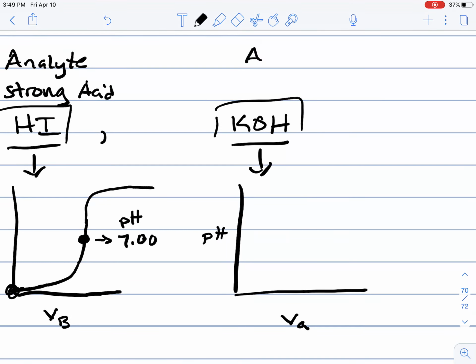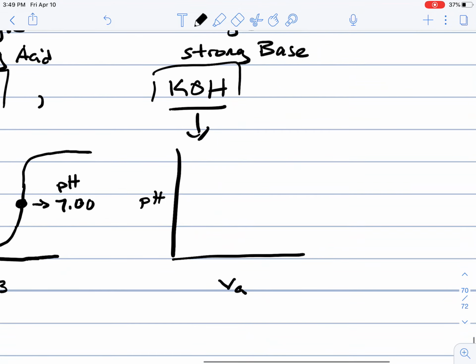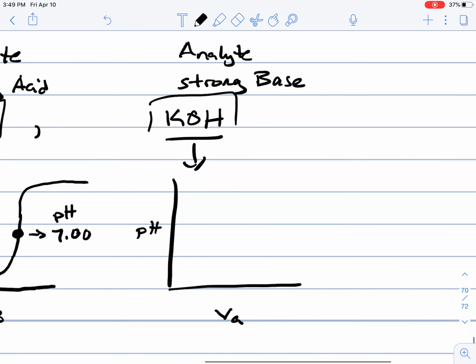And so if my analyte is a strong base, I know that I'm going to go from basic to acidic, so my curve is going to go down, but my initial pH is going to be very high up.